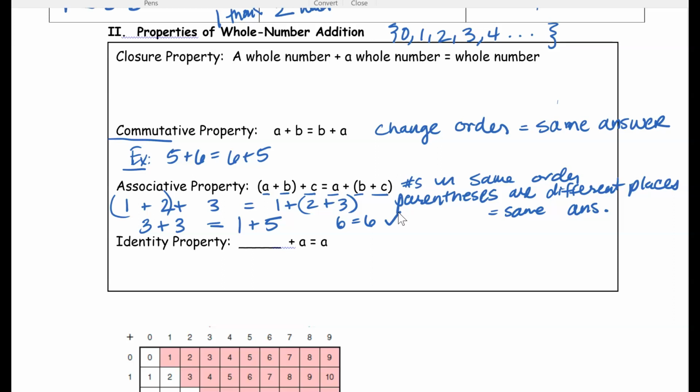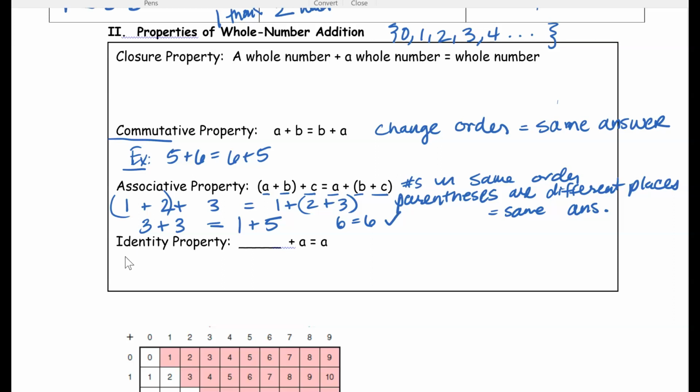So identity property, I want you to think of the word identity. What does it mean to keep your identity? Well, if you keep your identity, it means that you very simply just stay the same. You preserve yourself. Well, that's what it means in math. So an additive identity is the number that you can add to any number and it doesn't cause that number to change.